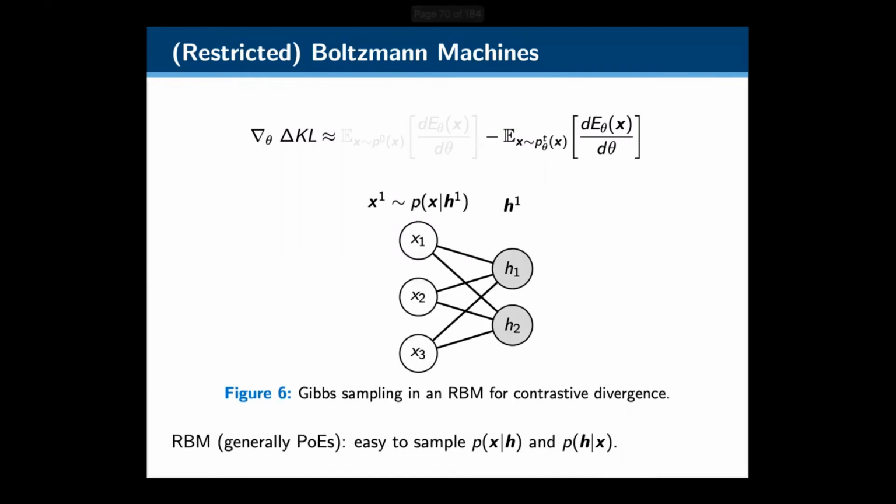So we then flip around and we sample the visible layer X1, the first step of the Markov chain, given H1, and then we keep going like that. This is a form of Gibbs sampling, where sampling from the conditionals is tractable because of the RBM architecture.